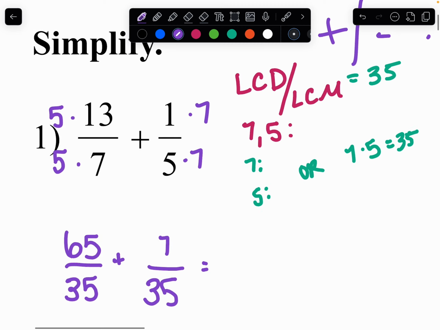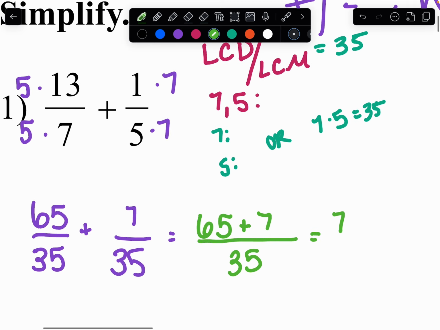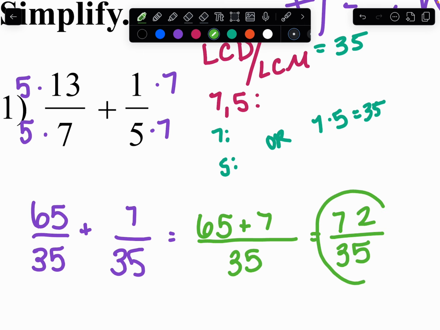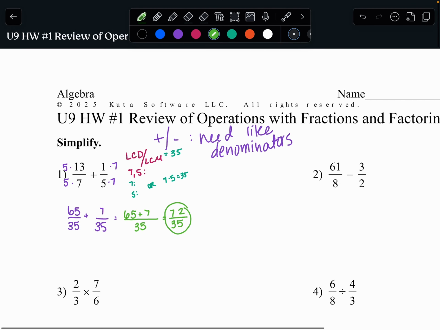Now that we have the same denominators, we're going to add the numerators together, but keep the denominator. And so we get 72 over 35. And I think that is your final answer, because you cannot simplify that fraction anymore.